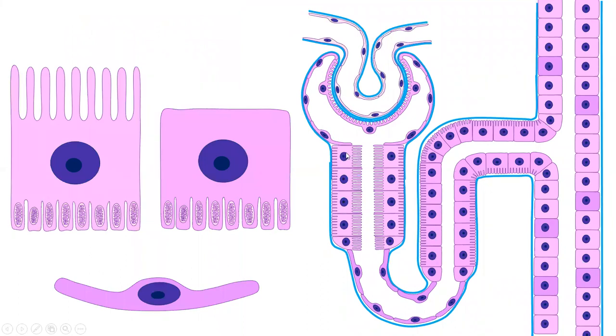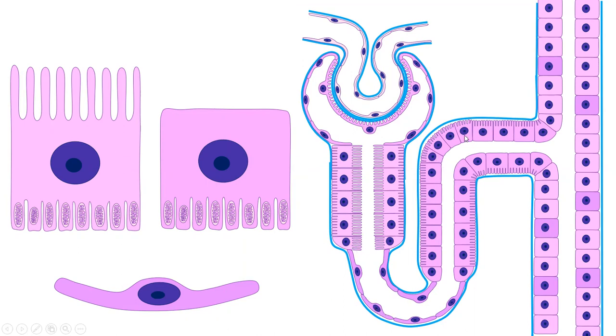So here we can see proximal tubule, convoluted and straight, thin tubule, distal tubule, also straight and convoluted, and collecting tubule. And in tubules of nephrons, we have only two kinds of epithelia. All epithelia are here simple, only one layer of cells is present.